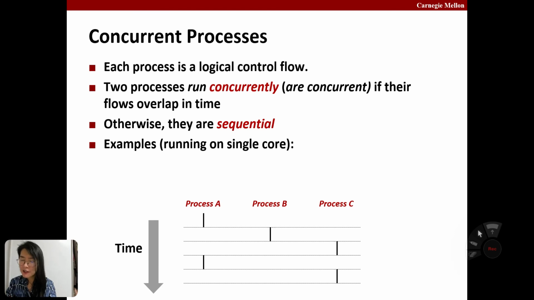So after finishing process B, process C just started, all right? So in this case, processes B and C are sequential, all right? So please take a photo of this slide with your cell phone, and please remember the deep meaning of concurrent execution and sequential execution with this example figure.